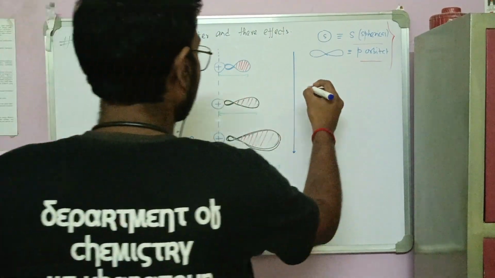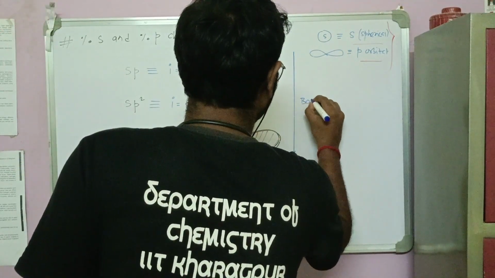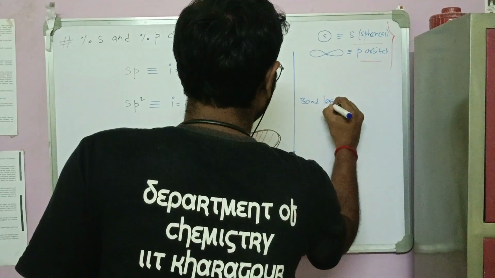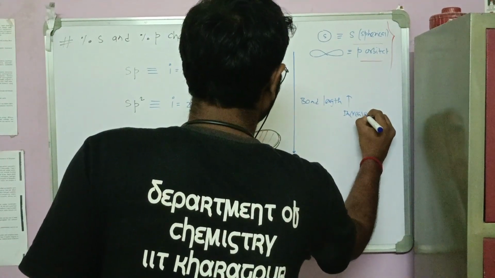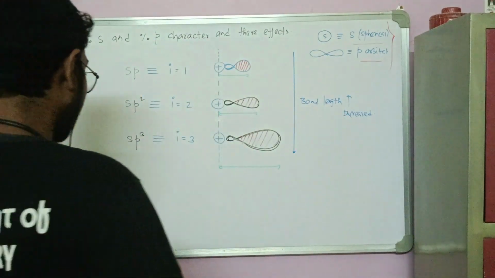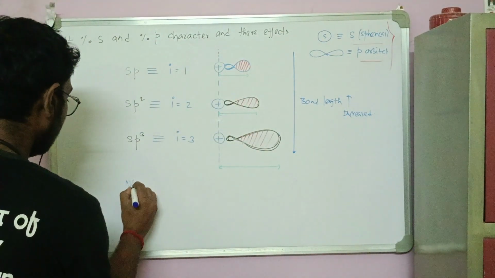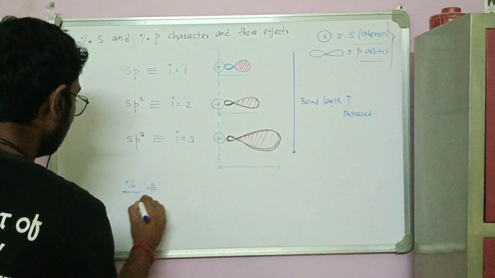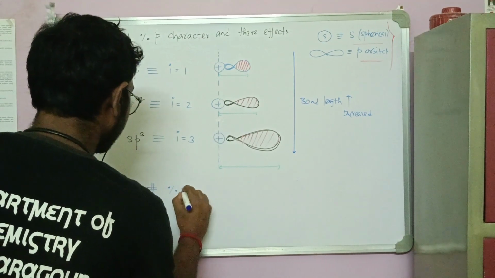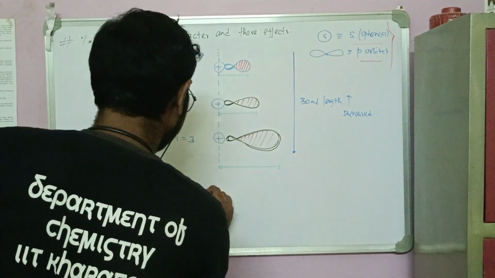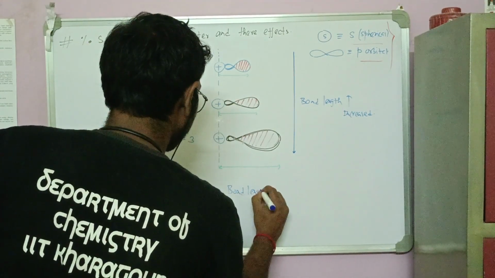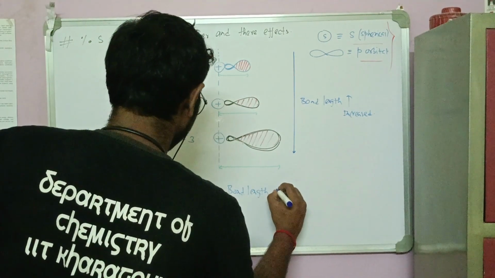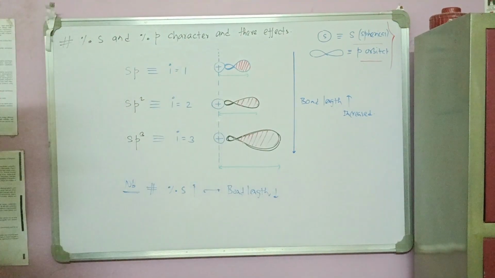So from top to bottom, the bond length is getting increased because the percentage of s is decreasing. So we can conclude: if the percentage of s character increases, bond length decreases, because s is spherical and symmetric. So this is the conclusion.